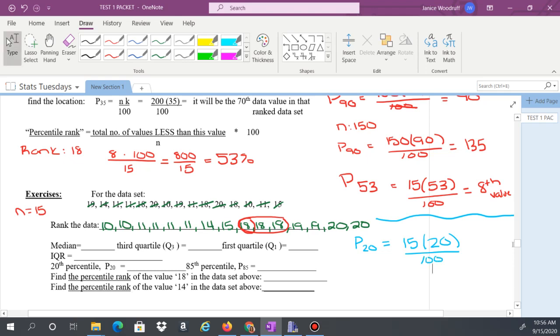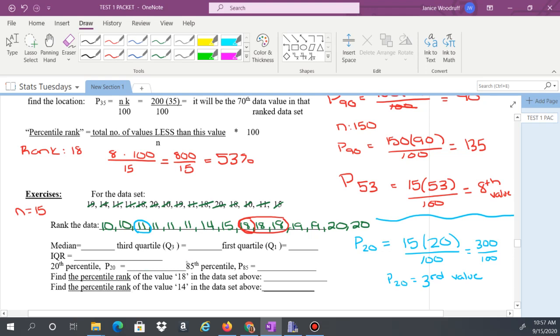So 15 times 20 would give us 300, divided by 100 would give us 3. So that would be the 3rd value, which would be 11.